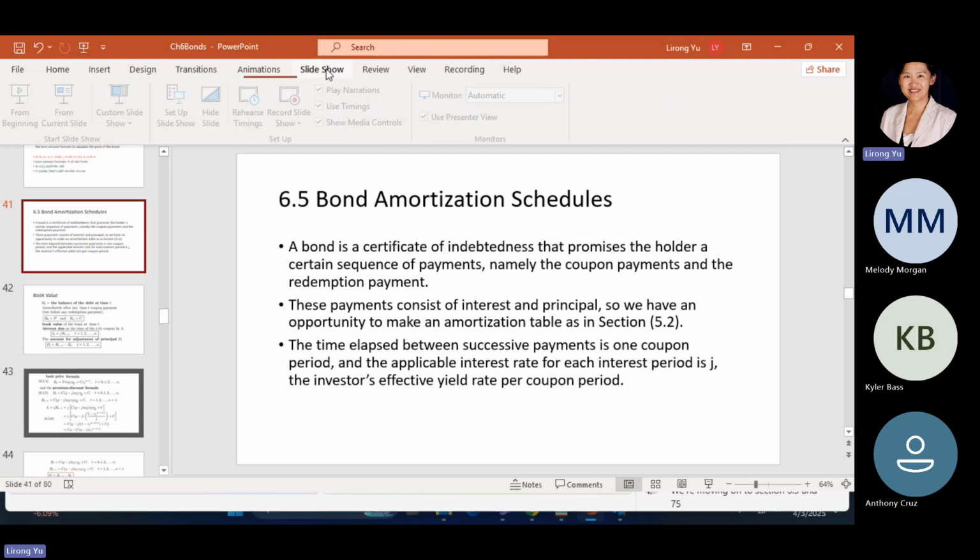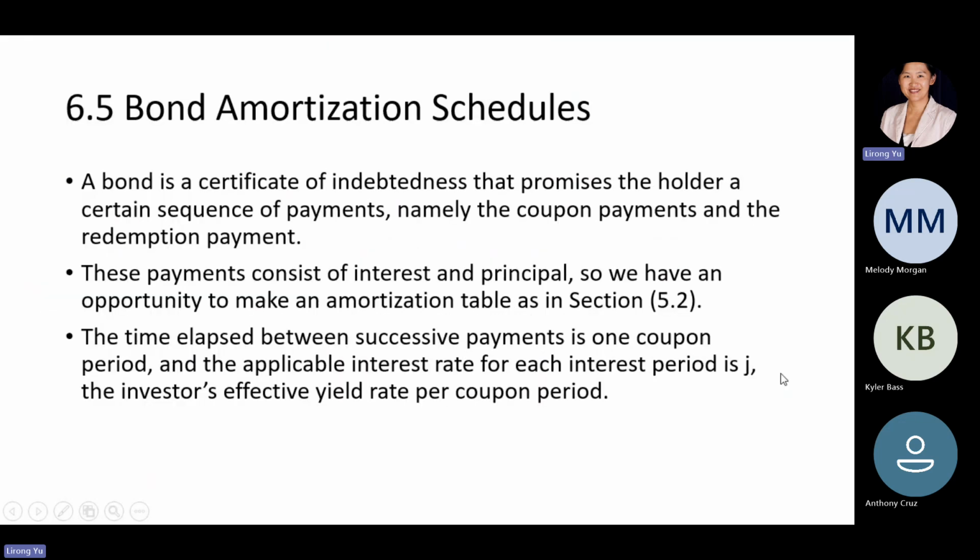So 6.5 is a focus on book value. Book value is kind of like the outstanding loan balance, but it's on the bond. So if you purchase a bond and the bond will guarantee a certain cash flow along the timeline, you want to be able to identify its future value.